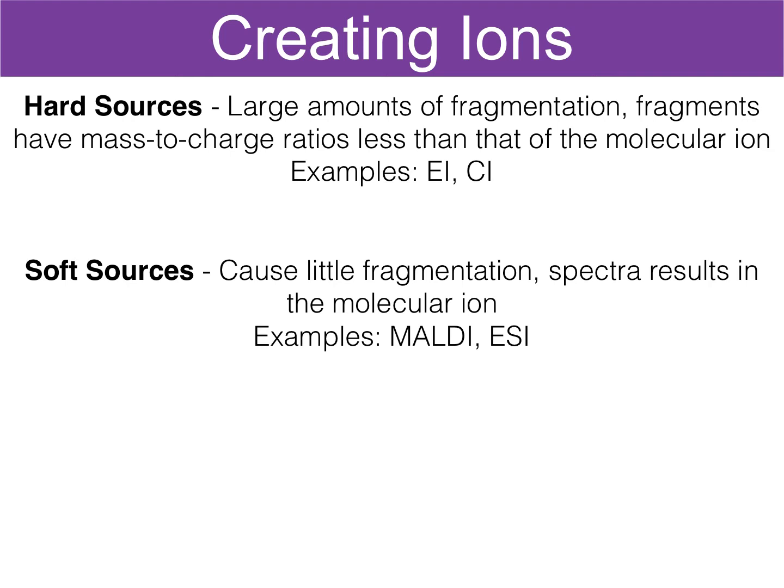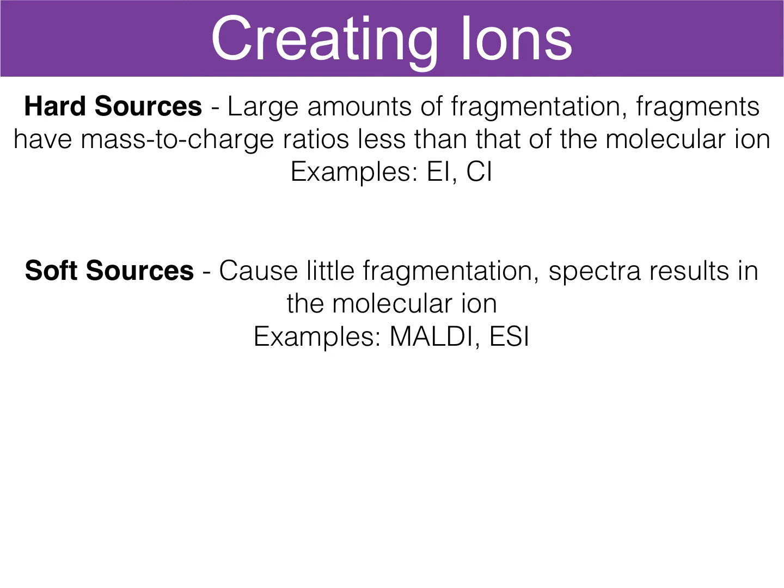So when we create ions, because there are so many types and so many different approaches to creating these ions, we classify our approaches between hard sources and soft sources. Hard sources create lots of fragments.